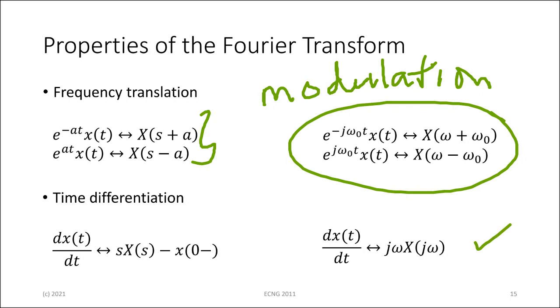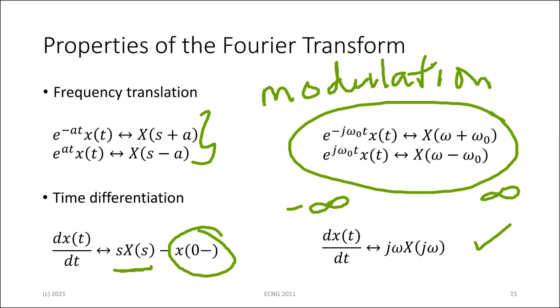Okay, here is the first time a bit of a difference comes in. In time differentiation, for the Laplace transform, if you take dx dt, you have sX(s) minus x of 0 minus, because we are starting at 0 minus, so there is an initial condition. In the case of the Fourier transform, we are going from minus infinity to infinity, so there's no such thing as an initial condition.